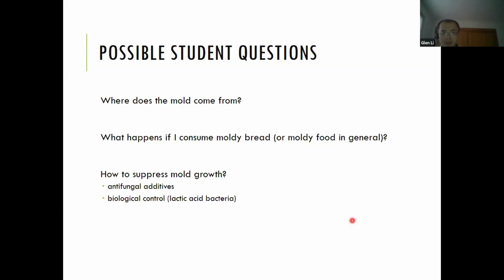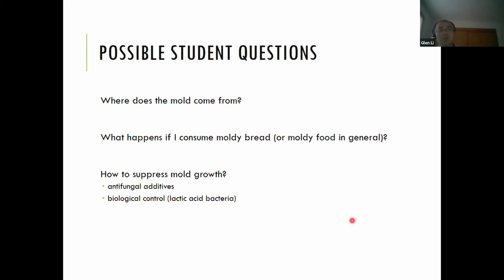Another approach is to use biological methods. Essentially, lactic acid bacteria, which produce lactic acid and lower the pH of the food. Mold grows best between pH 5 and 7, so the lower the pH, the less favorable the growth condition is. This is also why it's hard to grow mold on sourdough. They tend to last longer.